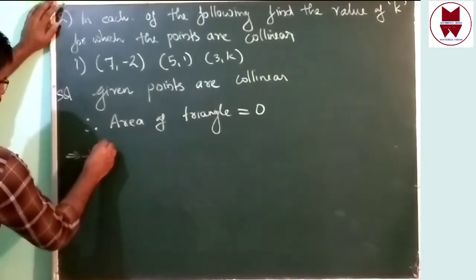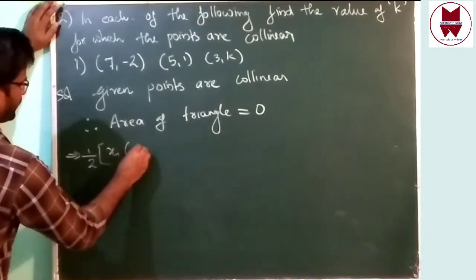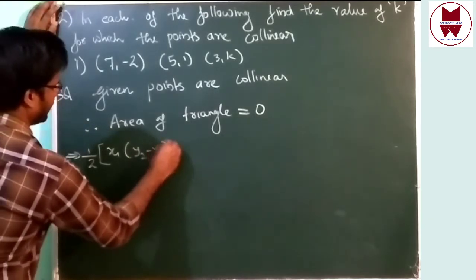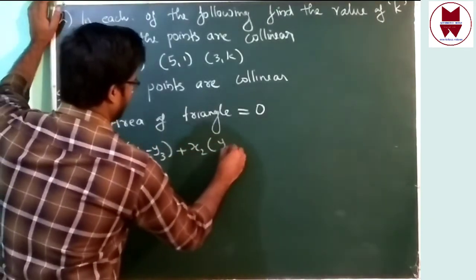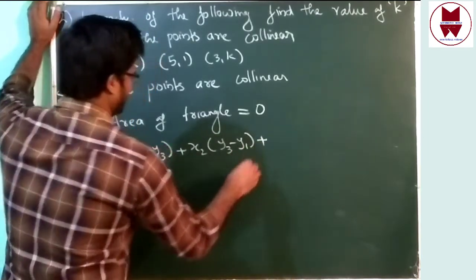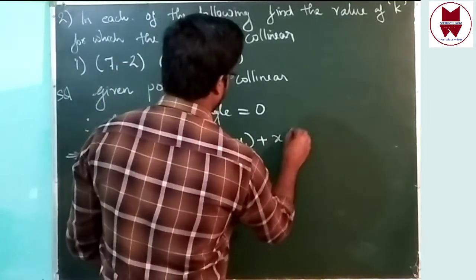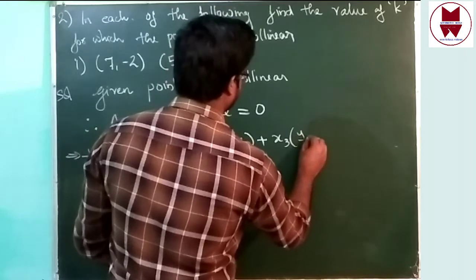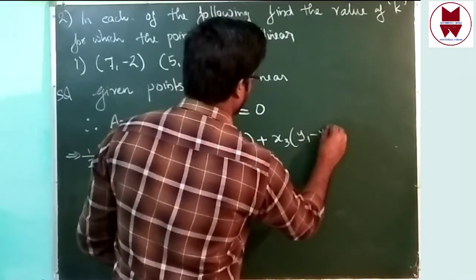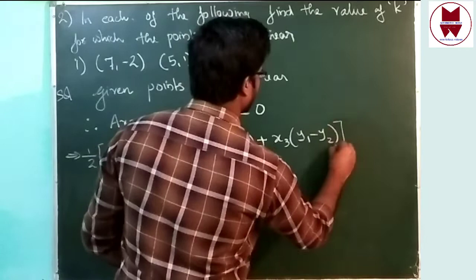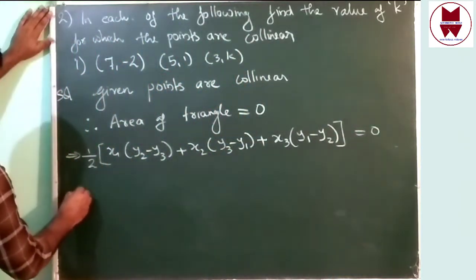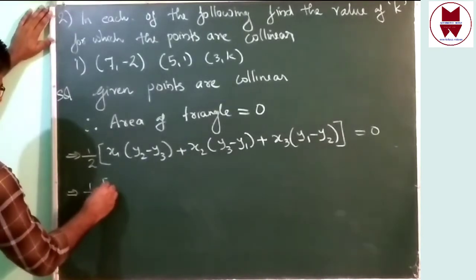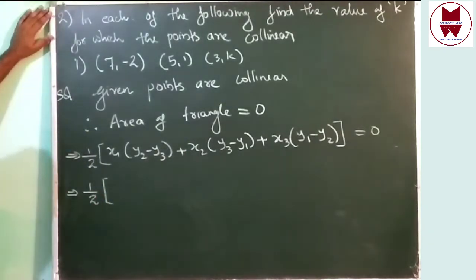1 by 2 x1 y2 minus y3 plus x2 y3 minus y1 plus x3 y1 minus y2 equal to 0. 1 by 2, all the values we can give in here.